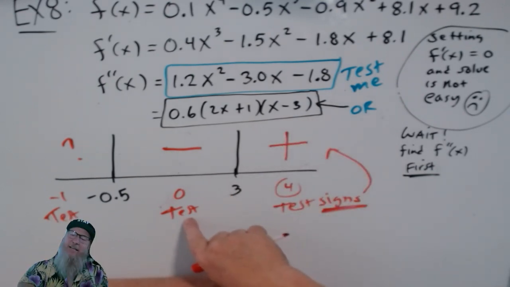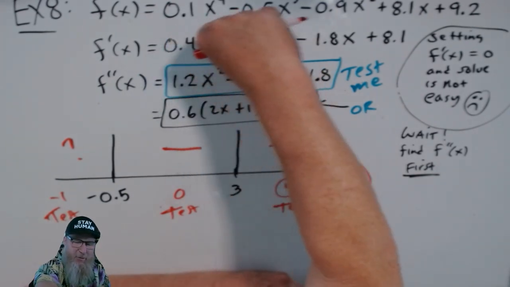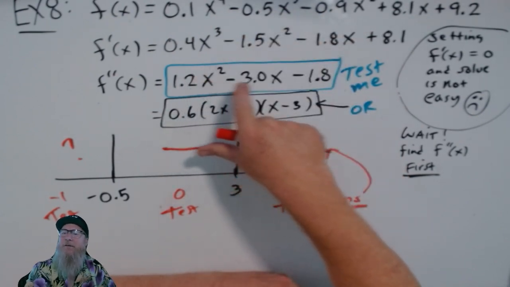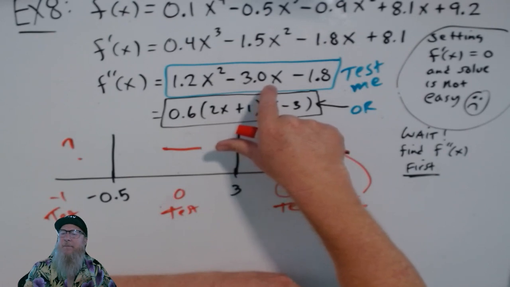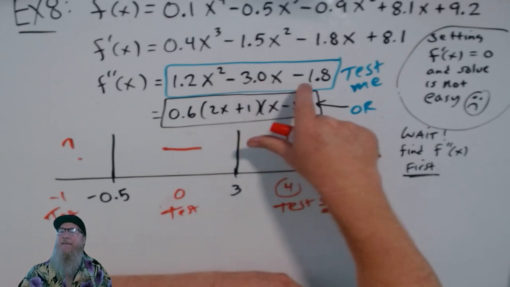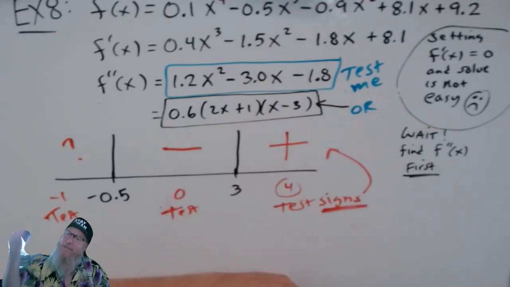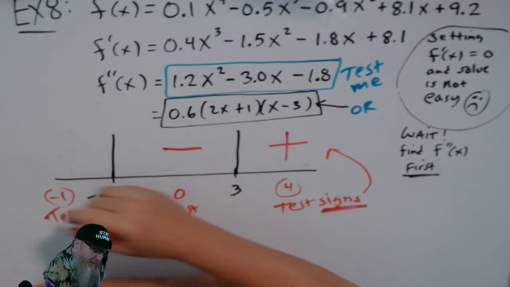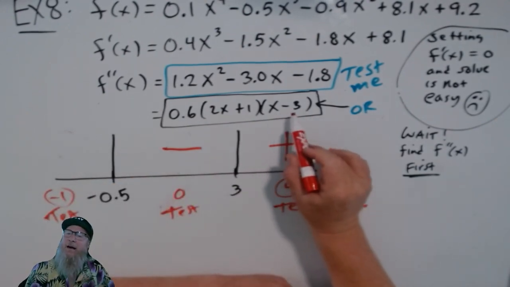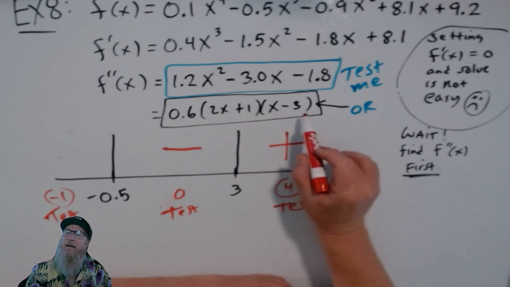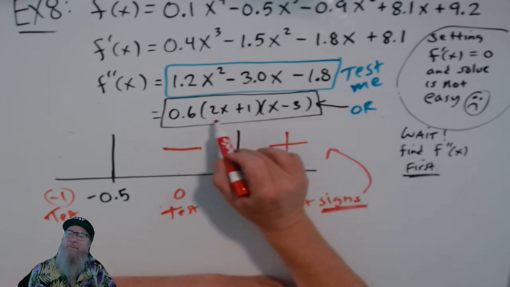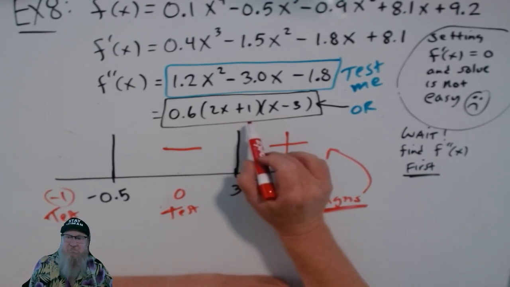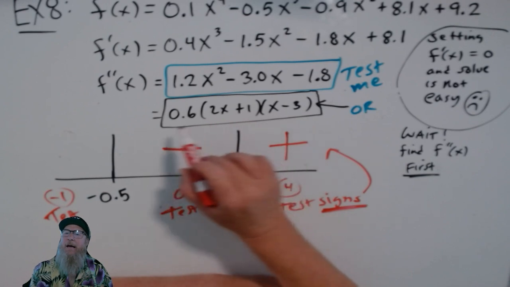I should mention that for 0, it might actually be easier to use the original. Because if you plug in 0, you get 0 squared. That's 0. 3.0 times 0, that's still 0. And then minus 1.8. Well, there it is, negative. And finally, let's test negative 1. Plug it in here. Negative 1 minus 3 is negative. 2 times negative 1, that's negative, plus 1, still negative, and then positive.